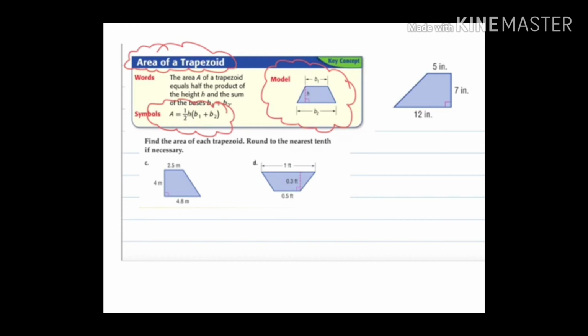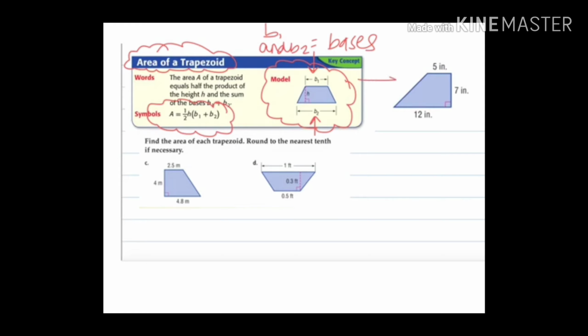So the B1 and the B2, they both mean bases. And the 1 just means one of the bases, and the 2 means the other base. It doesn't mean base squared, it just means first base and second base.